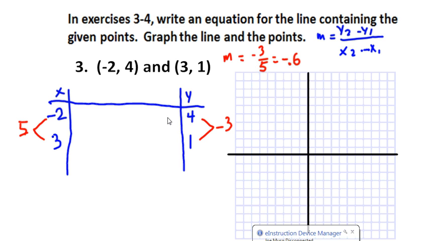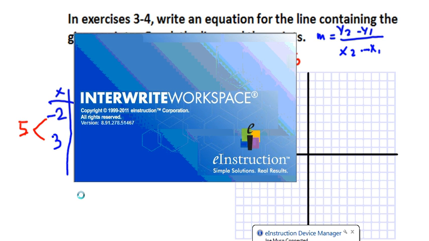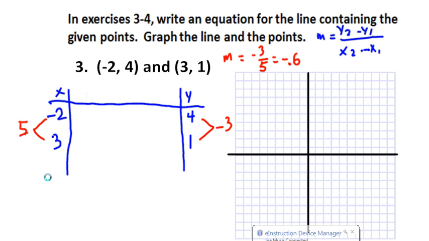So, to figure out what the equation of our line is, I accidentally turned off my tablet here. What we'll need to do is take y equals mx plus b. Remember that? y equals mx plus b.